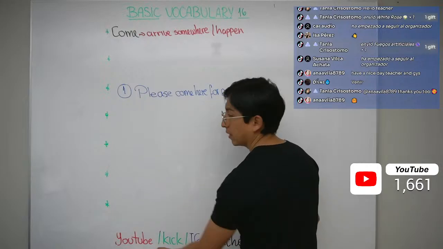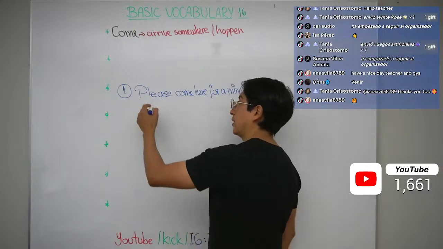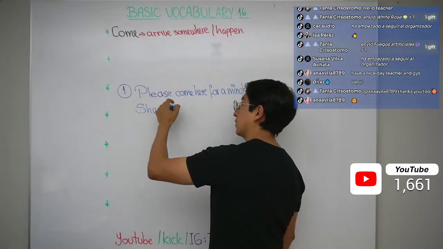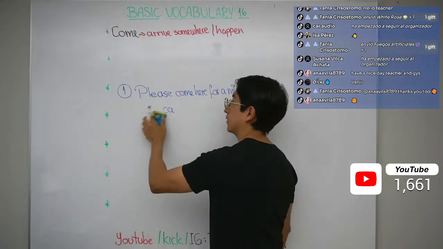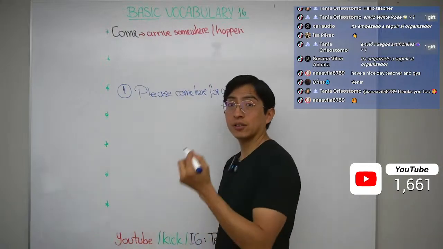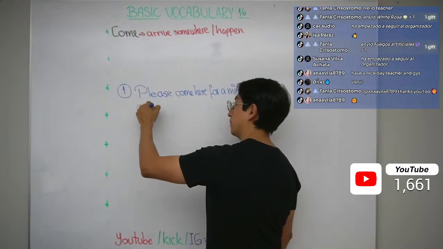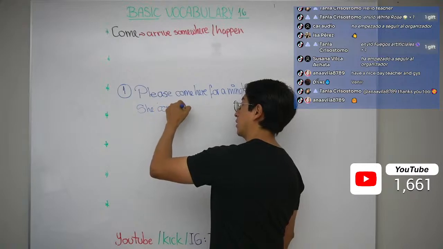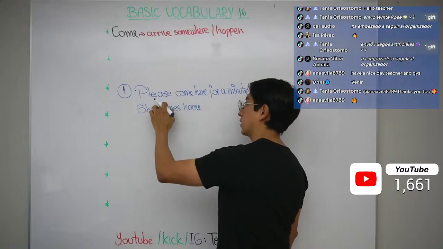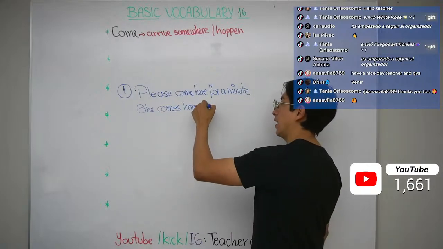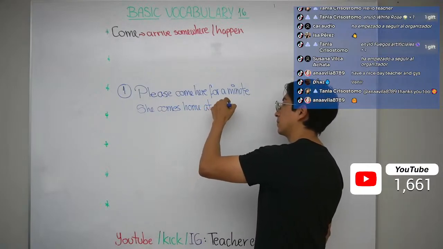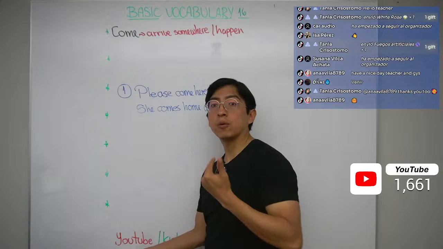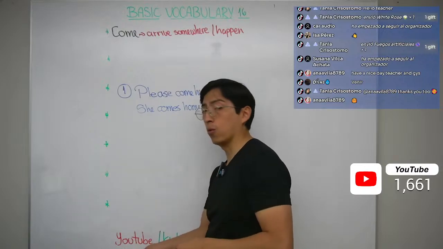What else do we have here? Let's continue with the second example. She comes home at 6 p.m. Look at that. You use come when you are at home.